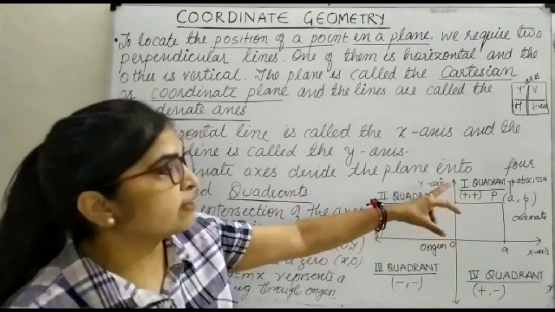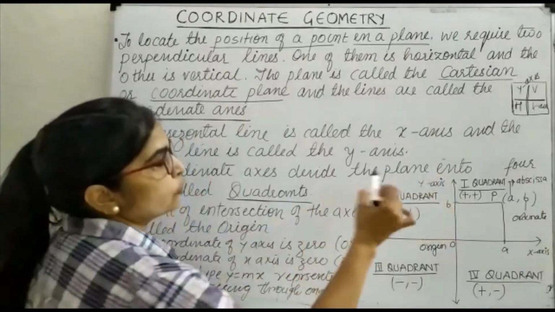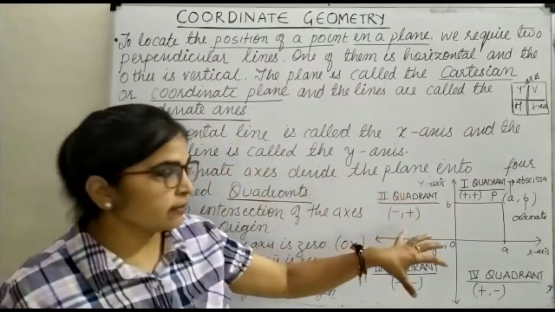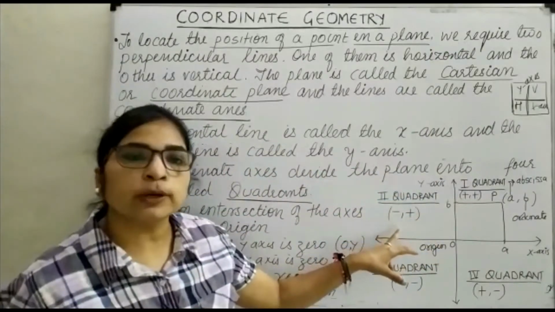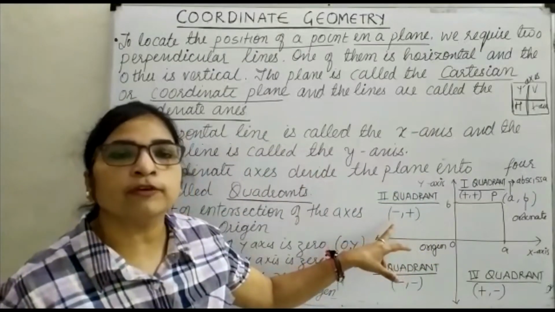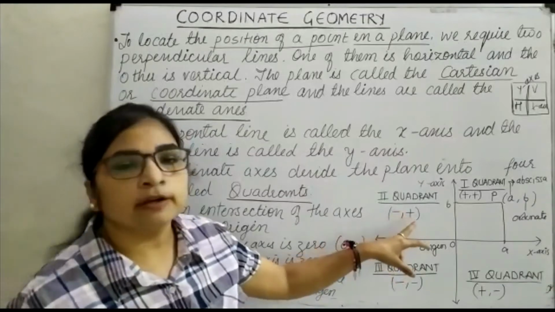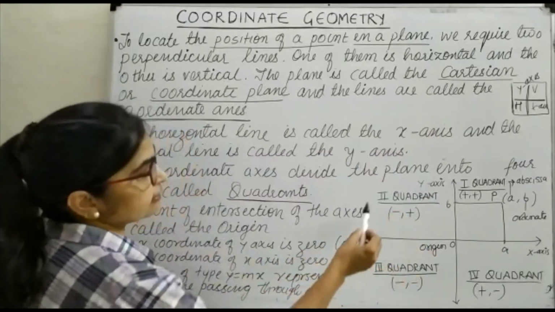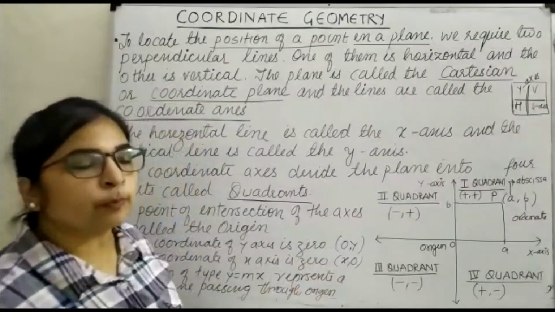Starting from the first, in the first quadrant both coordinates are positive. The first one is always the x coordinate and the second one is always the y coordinate. In the second, x is negative and y is positive.